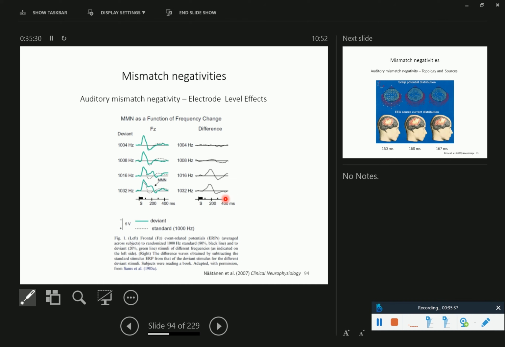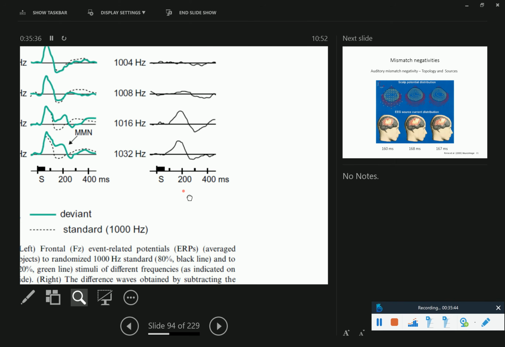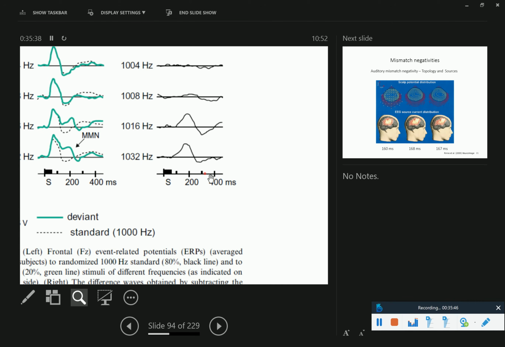And this actually speaks to my nomenclature, because instead of calling this the mismatch negativity and fighting for its latency and so on, why not say, okay, there's a mismatch response, because they also have this positivity here.